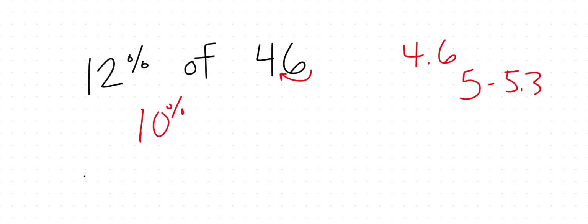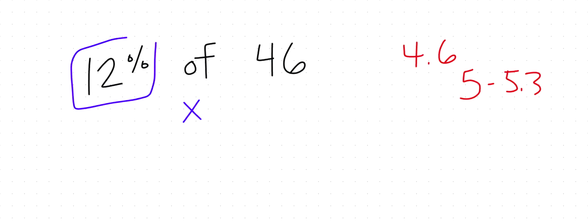Okay, so let's do the decimal method. First of all, the word of means times. So when we find a fraction of something or a percent of something, we're multiplying. So change the percent to a decimal. How do we change 12% to a decimal?